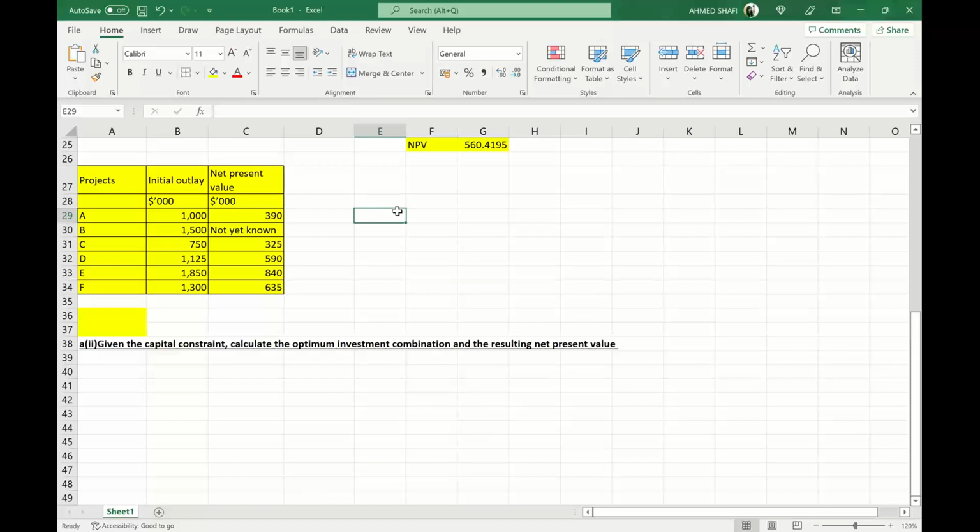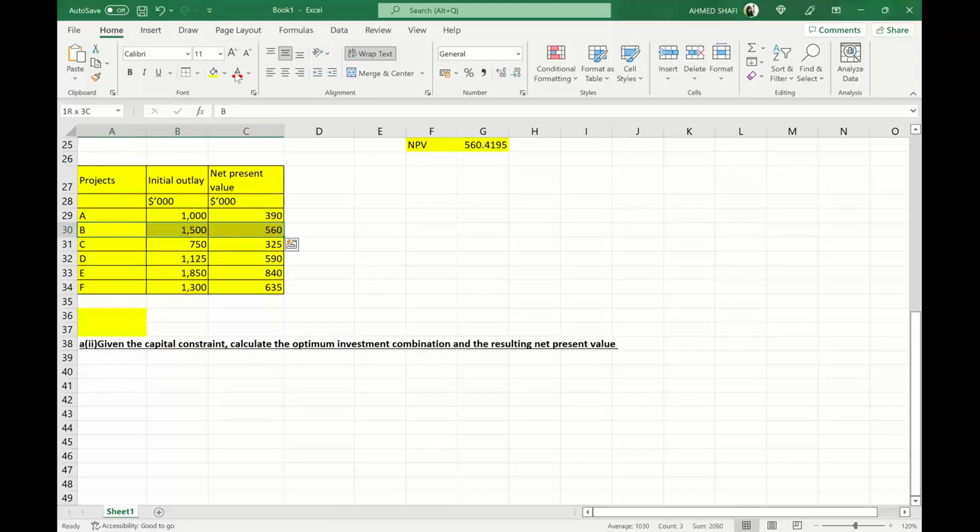The initial outlay was 1000, 1500, 750, 1125, 1850, and 1300. Initial outlay was given and NPV was given. For project B, the NPV was not yet known, but now we can remove this. We now know that the NPV of project B is 560, right?